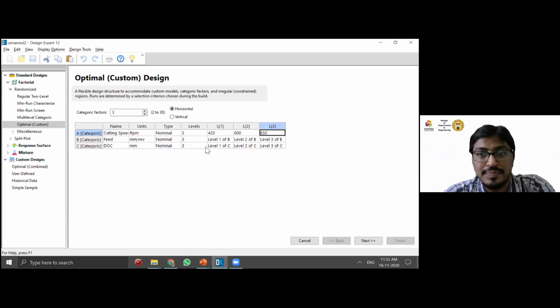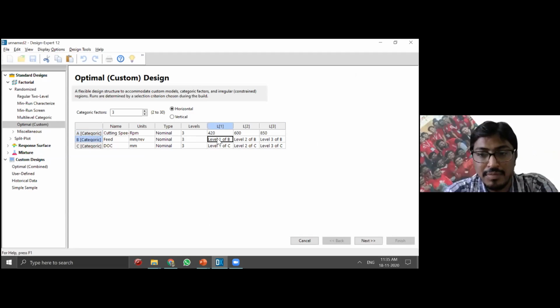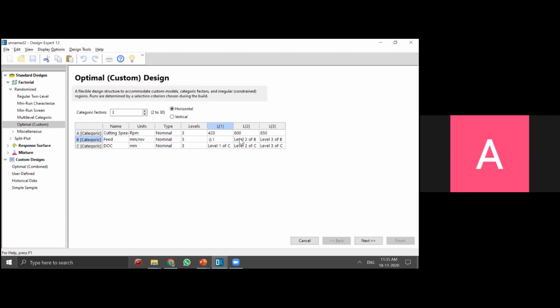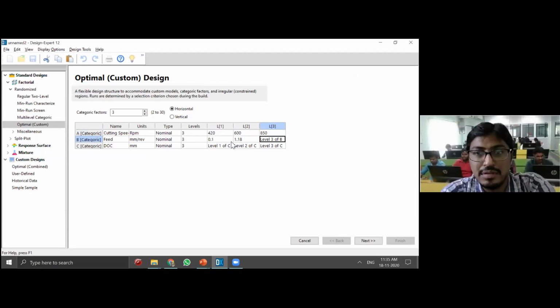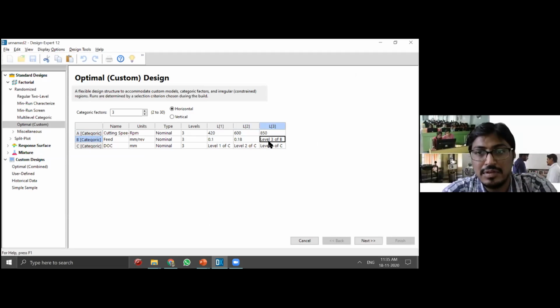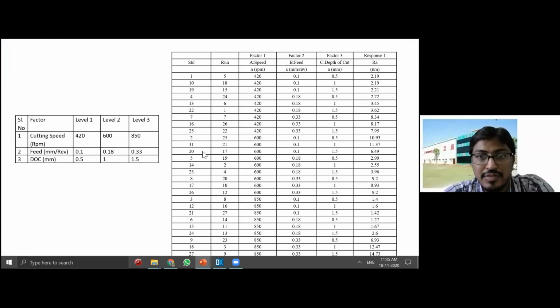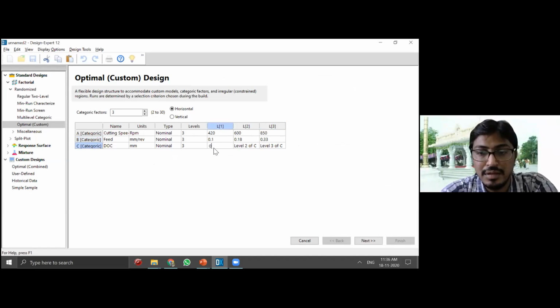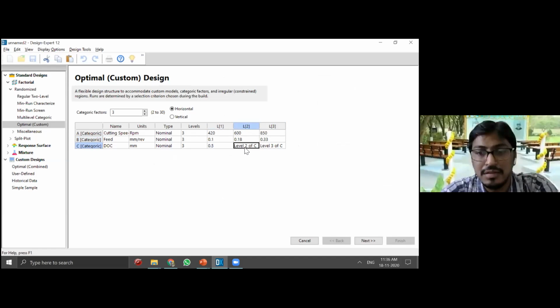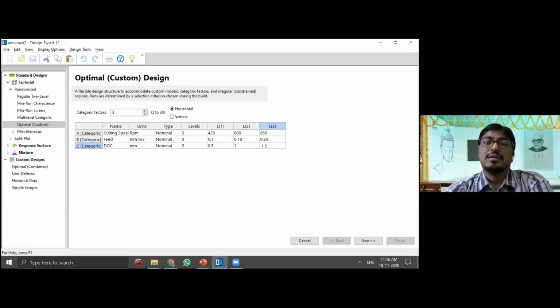For feed, it is 0.1, 0.18, and 0.33. The depth of cut is 0.5, 1 and 1.5.